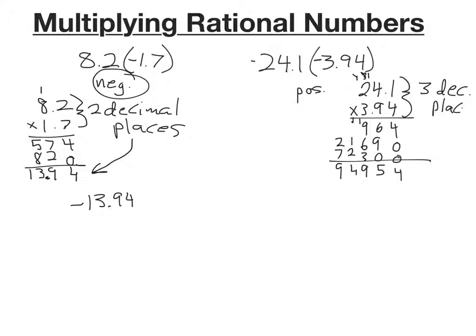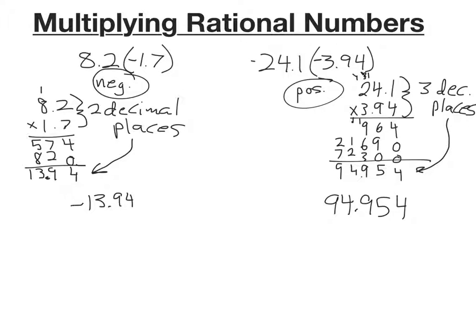That means my answer is also going to need to have 3. So I'm going to put my decimal right there. And since my answer is positive, my answer is just positive 94.954. So that is how you multiply decimals.